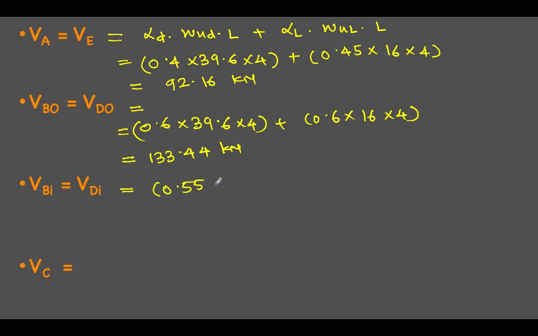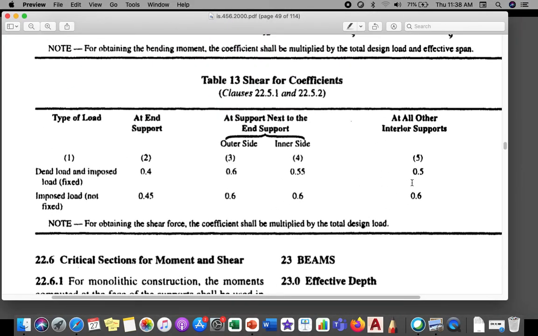Same way now to calculate for inner side, 0.55 and 0.6 were the coefficients. So this is 0.55 into 39.6 into 4 plus 0.6 into 16 into 4. So this comes out to be 125.52 kilonewton, and at other interior support the value is, let us see, 0.5 and 0.6.